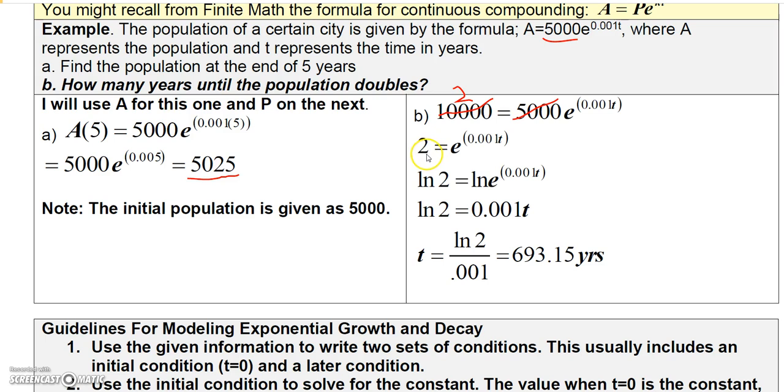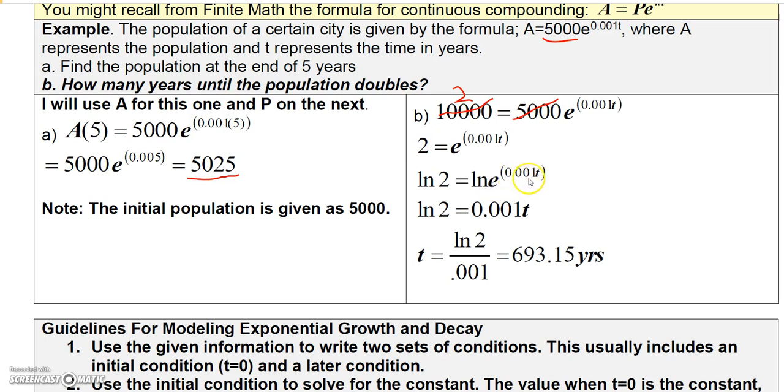And we learned in the last section that you can solve this by taking the log of both sides, and I'll just take the natural log of both sides. So take the natural log of 2, and then here I'm going to take the natural log of e to the 0.001 t. If you'll remember, I told you in some cases it doesn't matter whether you use common log or natural log, but since this base is e, I'm going to use natural log, because if I take the natural log of e to some power, that's just going to equal whatever the power is.